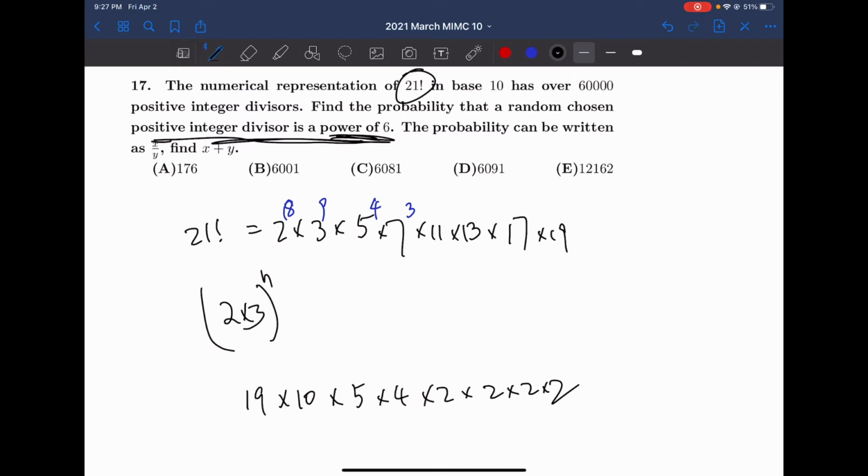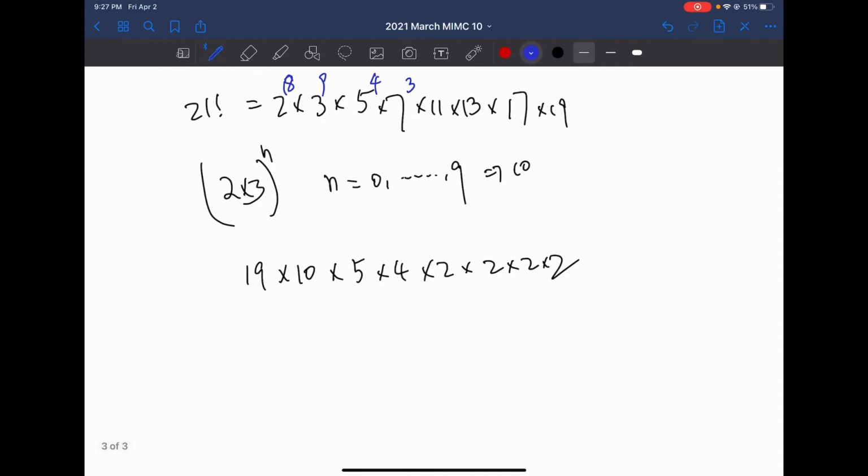Although there's 2 to the 18th power in 21 factorial, there's only 3 to the 9th power in 21 factorial. Therefore, the only possible values for n would be n from 0 all the way to 9, thus giving us 10. So our numerator would be 10.